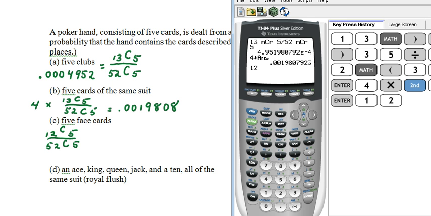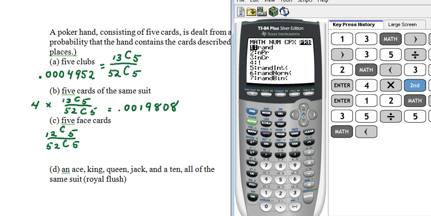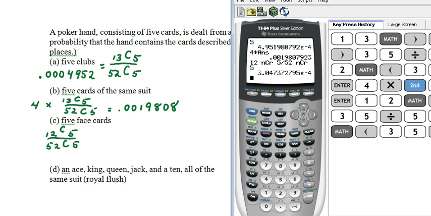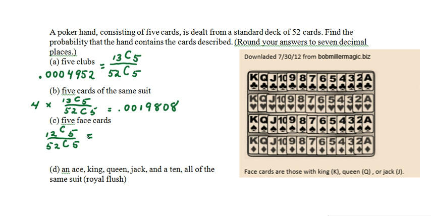So 12 NCR 5 divided by 52 NCR 5, enter, and we get 3.047 e to the negative 4, which gives us 3 zeros, 3.000347.